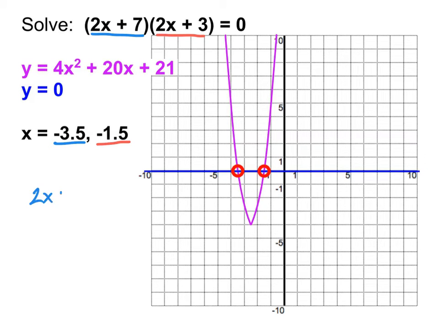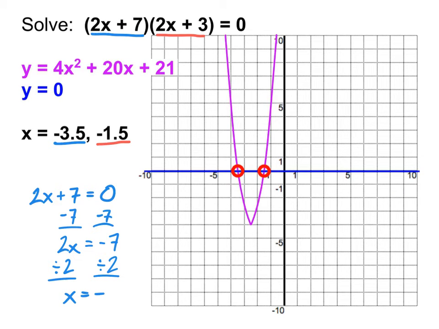So, like, I'm taking this 2x plus 7, and I'm setting that equal to 0. Well, if I solve this out algebraically, the first thing I do is I subtract 7 from both sides, which leaves me with 2x equals -7, and then we divide by that 2 that we were talking about. So, divide by 2, and x here equals -7/2, which is -3.5.